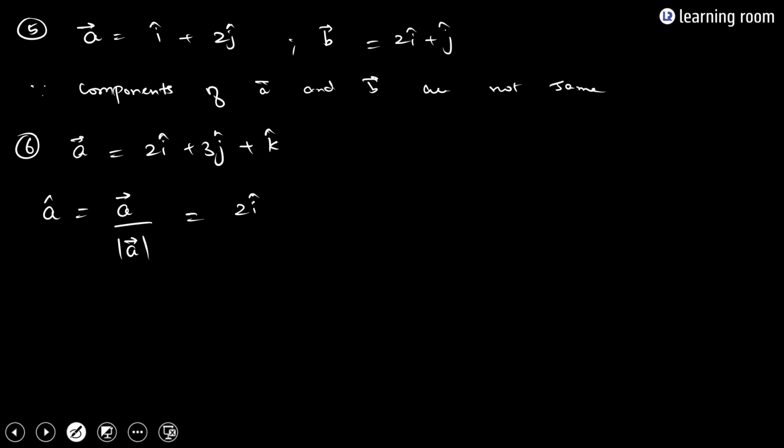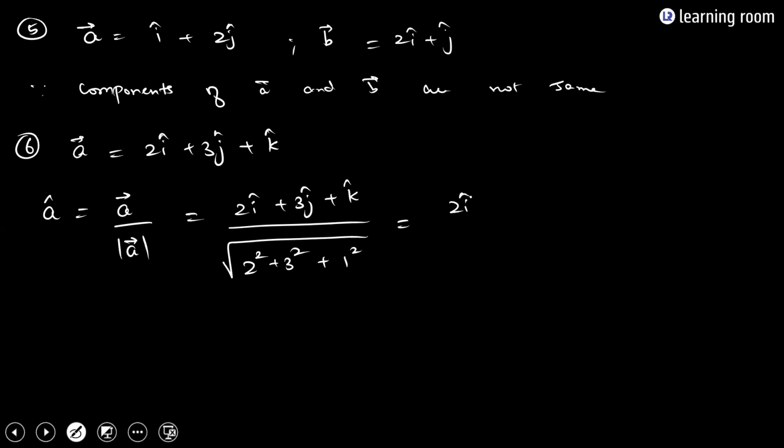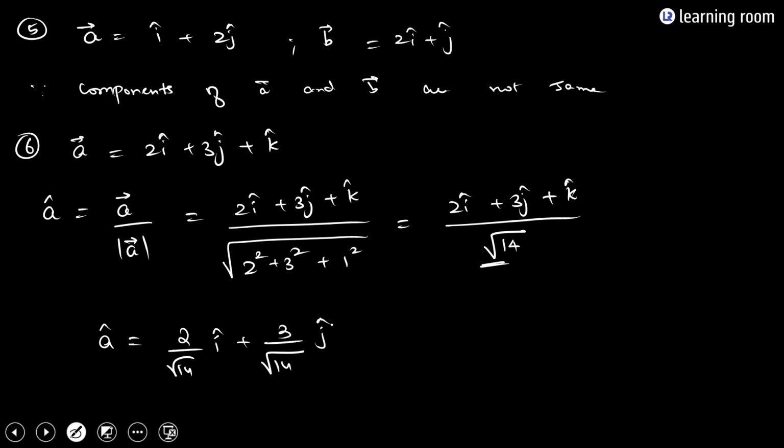So this would be 2 i cap plus 3 j cap plus k cap, the whole divided by square root of 2 square plus 3 square plus 1 square. That is 4 plus 9 is 13, 13 plus 1 is 14. So you can write it as a cap is equal to 2 by root 14 i cap plus 3 by root 14 j cap plus 1 by root 14 k cap.